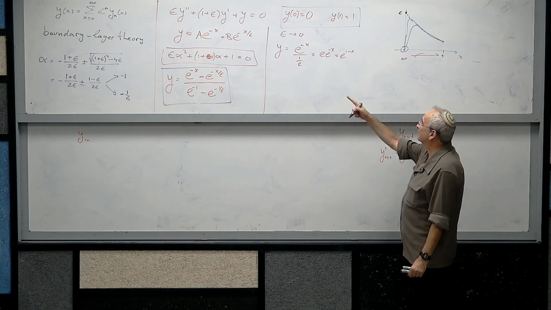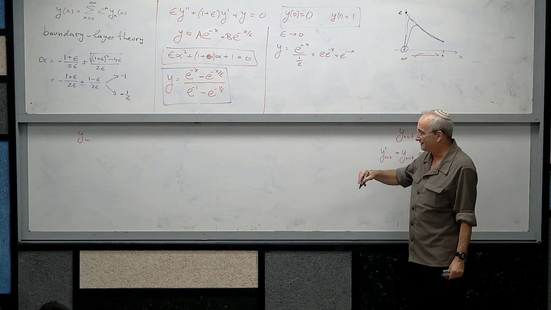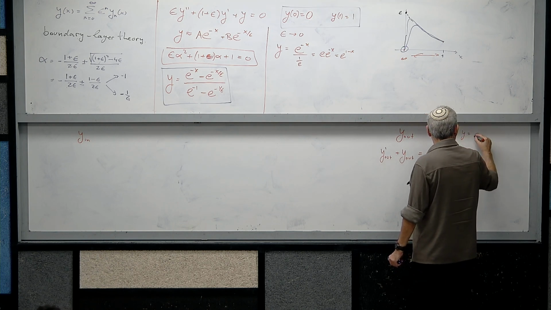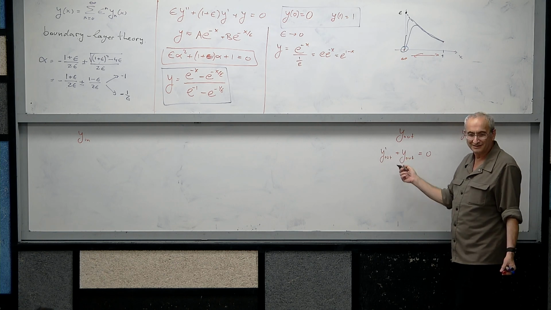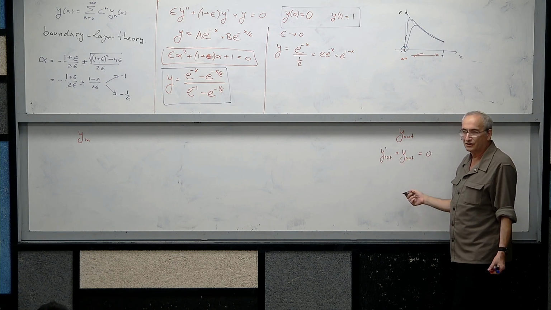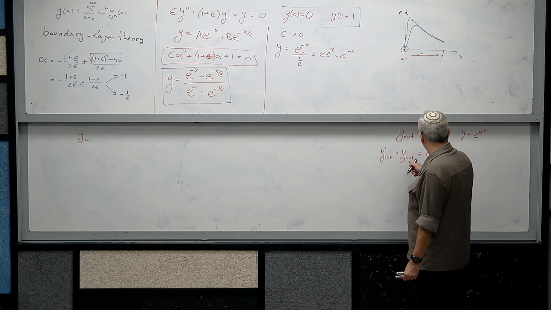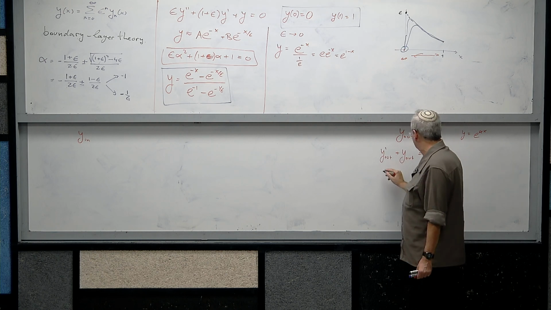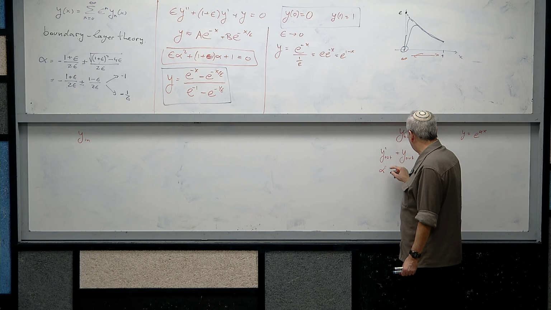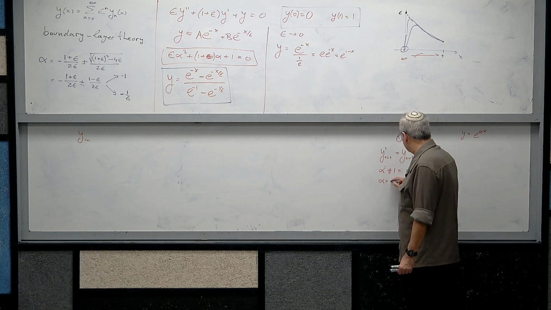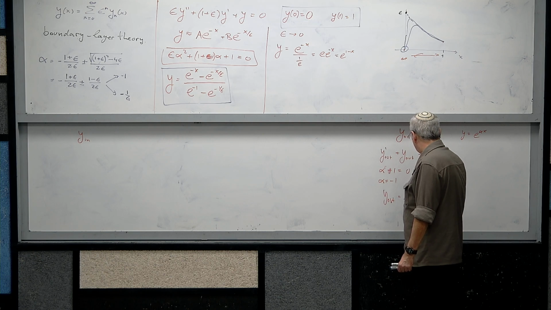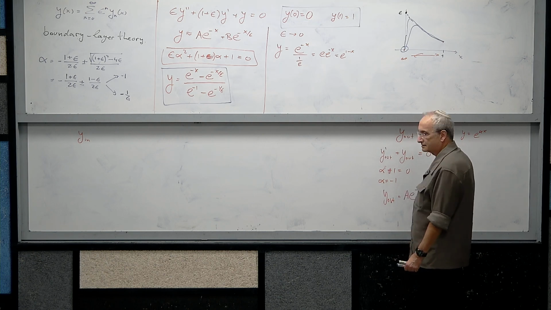Okay, so again, I can plug in the ansatz e to the alpha x, the general ansatz, because this is a homogeneous linear equation with constant coefficients. So I find that alpha plus 1 is 0. So alpha is minus 1, and therefore y out is some a e to the minus x.